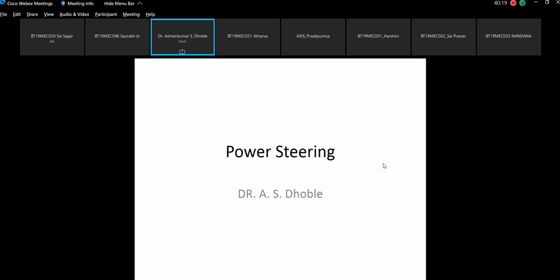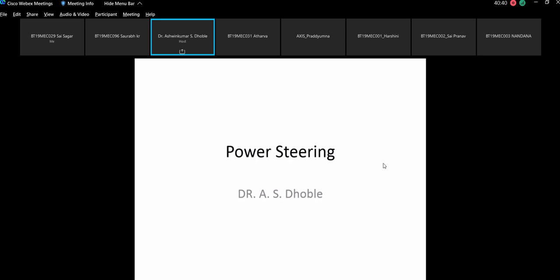Okay, so please understand that the last old vehicle without power steering was the old Tata Indigo. Sir, that used to come with the power steering. Sir, only the Maruti van was without power steering.